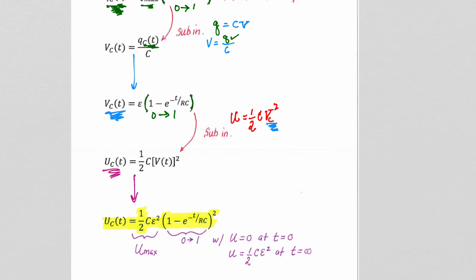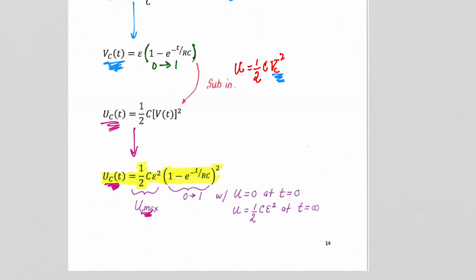So we have the energy at any given point in time that a capacitor is storing is based on a maximum value of 1/2 CV squared, where the V is the battery voltage, and our bracketed term now has this squared in it. So it's our normal bracketed term, but it's squared.